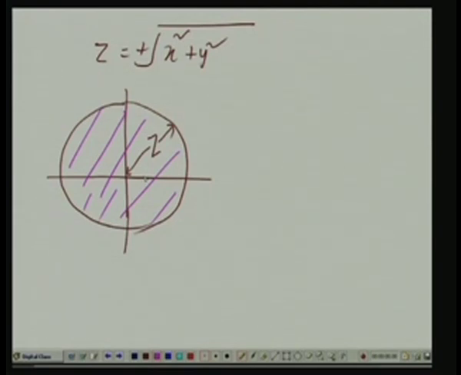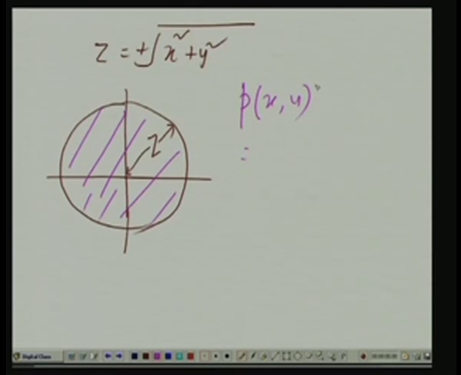Now, suppose it is further given that x y, their probability densities are such that they are circularly symmetric, which means the joint probability density P x comma y does not depend on x or y separately, but depends on the square root of x square plus y square.